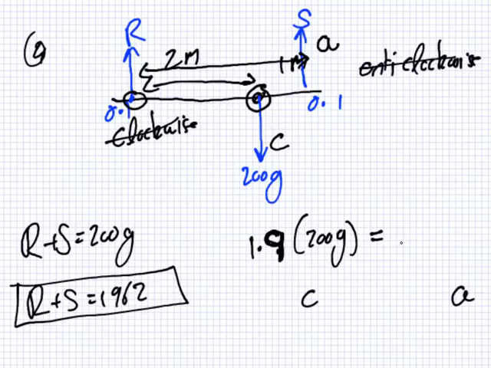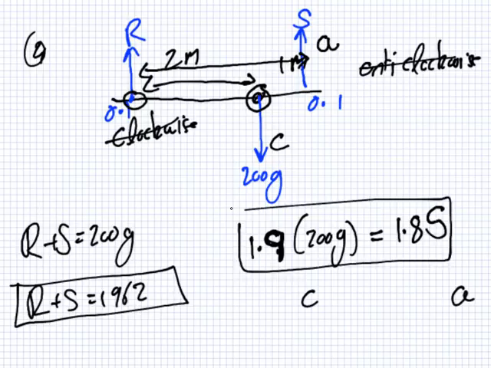No, it's not quite 2. What is it? The distance between or and S is only 1.8. 0.1. Right, so we can get the S now. It's 2 plus 1, 3. 0.1 from here and 0.1 from there.